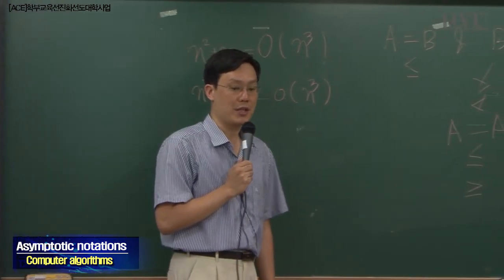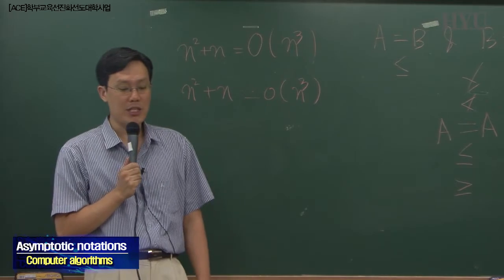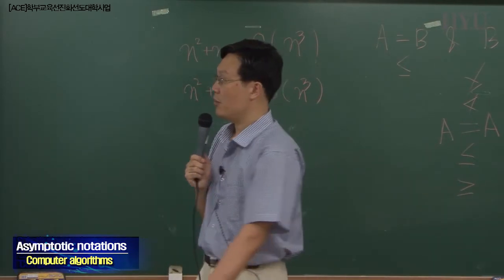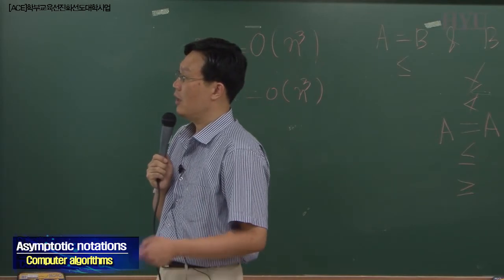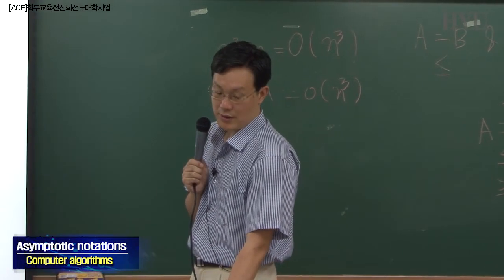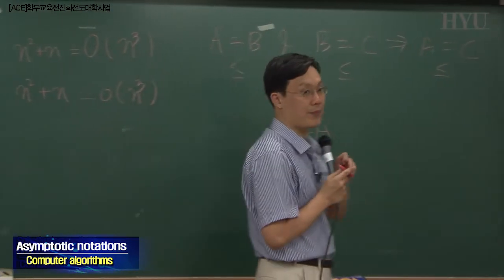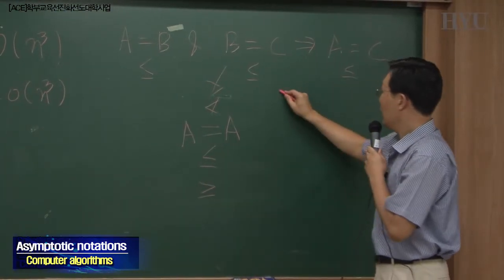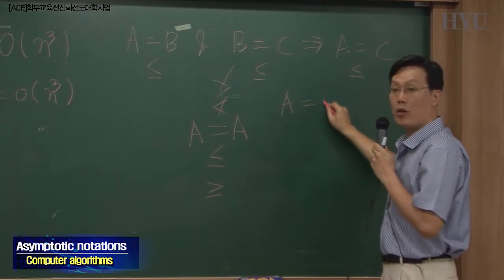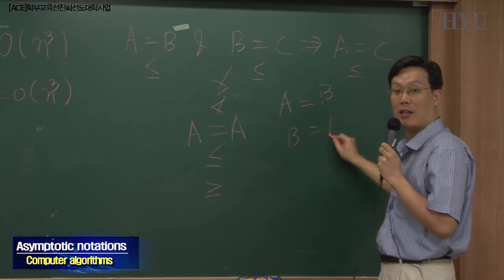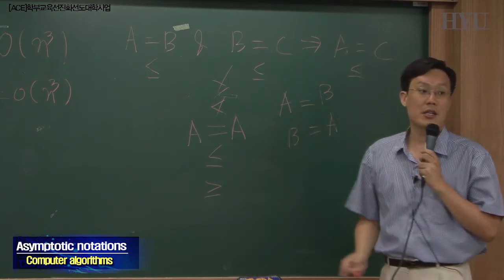Next two things, symmetry and transpose symmetry. Symmetry is like this. If A equals B, we know that B equals A. This is symmetry.